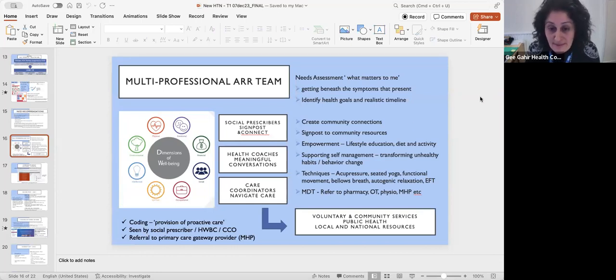Health and wellbeing coaches, we look at empowerment. So it's about lifestyle education, diet and activity. Not that I would give dietary advice. I am a nutritionist, so maybe top line advice, but I would definitely recommend and signpost to some of the NHS advisory lines, for example, NDPP, or any local services that we might have.